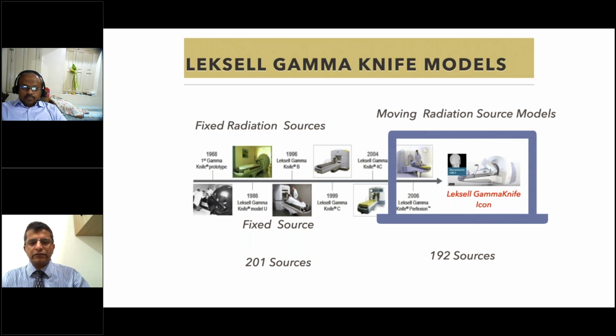They had a fixed source assembly with 201 sources. The gamma knife Perfexion and the gamma knife Icon have 192 sources. So that is the key difference between the fixed radiation source-based gamma knife systems and the moving source-based systems.